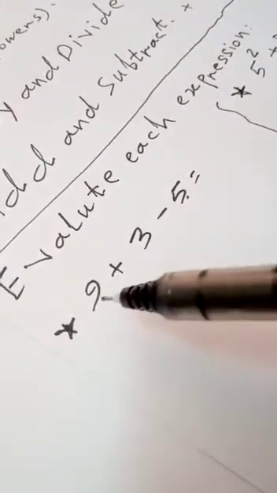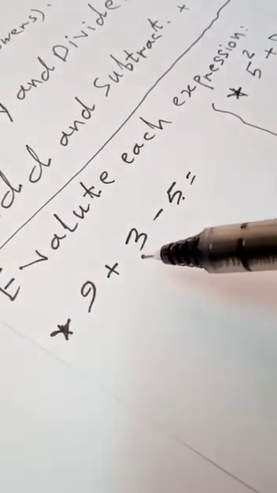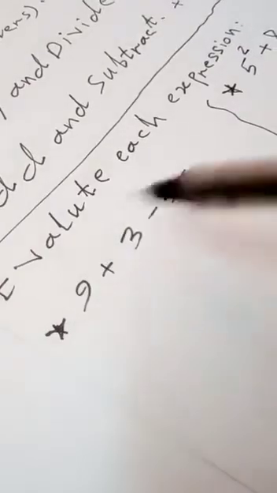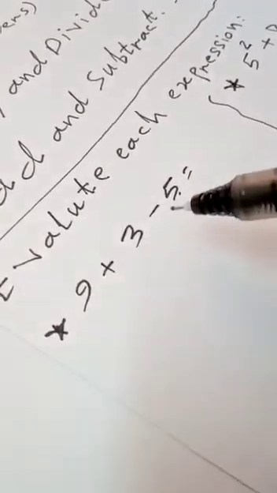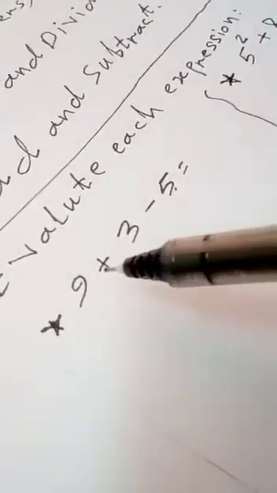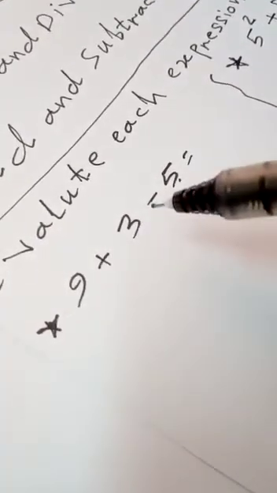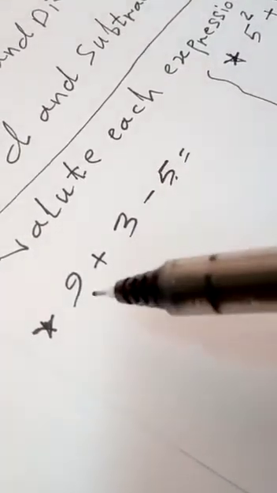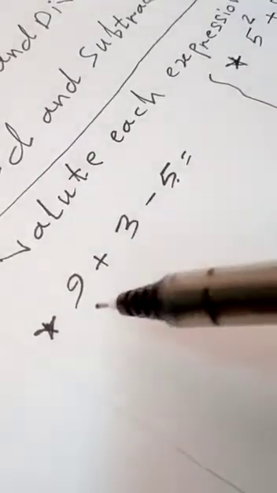Evaluate each expression. We have in this expression 9 plus 3 minus 5. In this expression we have two operations here, plus and minus. Plus and minus are the same value, but the order of operations is from left to right.